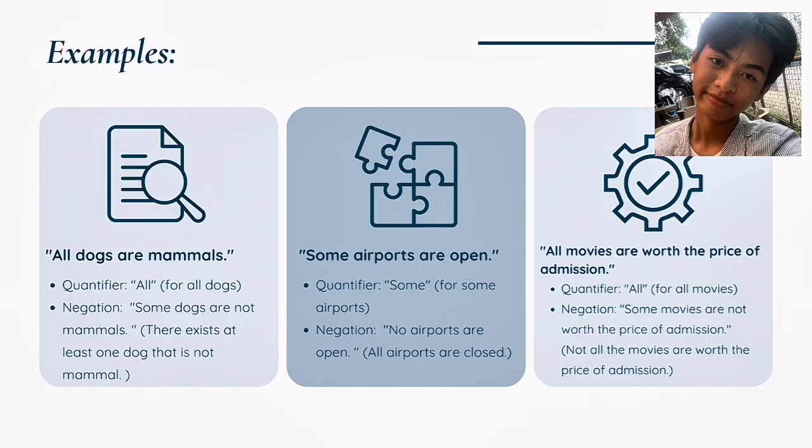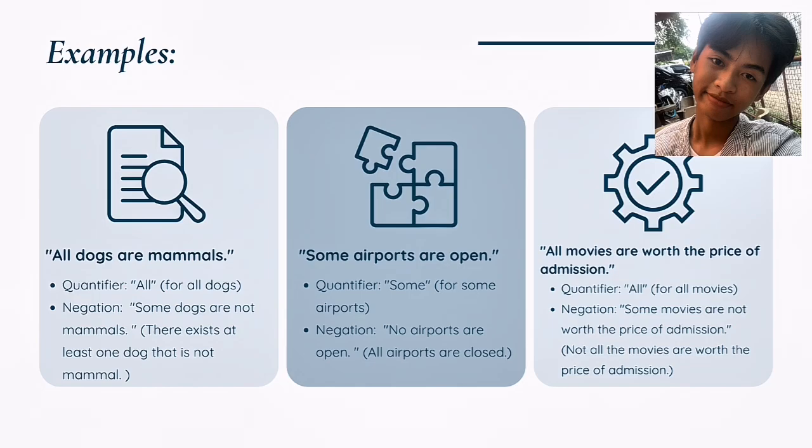Let's move to the examples. We have three examples here. The first one is "all dogs are mammals." The quantifier here is "all," which refers to all the dogs. Our negation is "some dogs are not mammals."